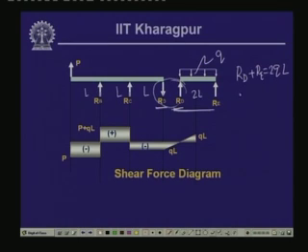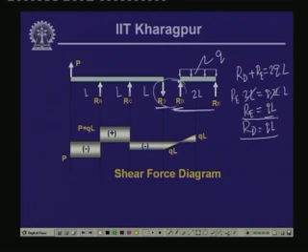Now, if we take the moment of this RE with respect to this point, then RE into 2L is equal to, this is anticlockwise and this is clockwise, Q into 2L into L. So, 2L gets cancelled. So, RE is equal to QL, and thereby RD is equal to QL. So, the values of the reactive forces RE and RD are equal to QL.